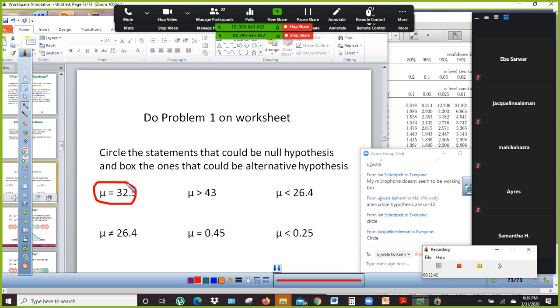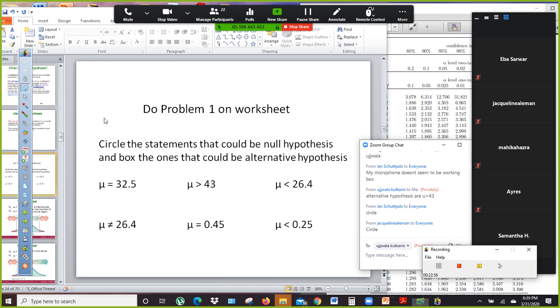And then the next one, Eva. What's the next one? This one over here? You can chat it as well if you want. Eva, are you still there? Or Jackie, can you give us the answer to the next one?